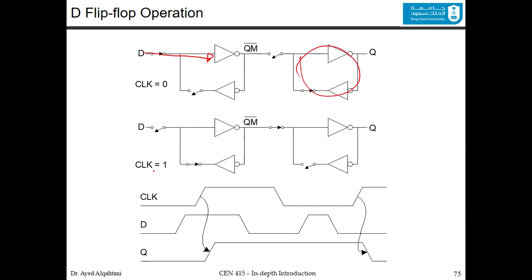And when the clock is 1, the change from 0 to 1 is basically the rising edge. At that exact transition, this one would be saving, and the other would be passing. So at that rising edge, it's like this D will move to the Q. And this is basically the operation as we discussed in the timing diagram before.